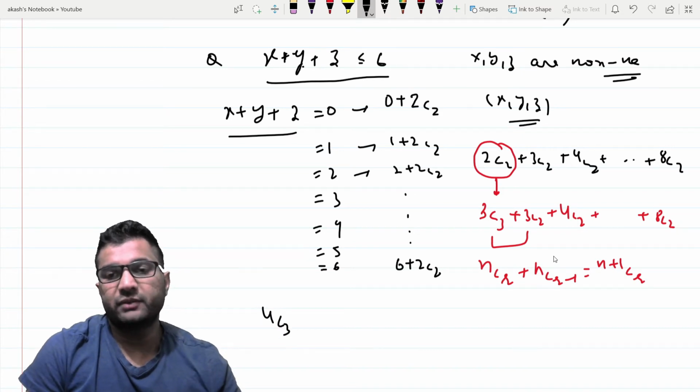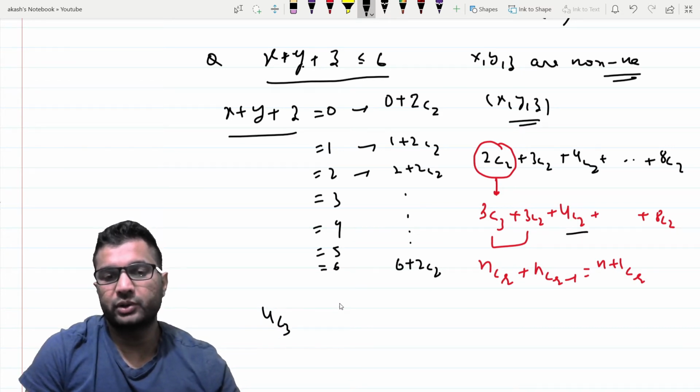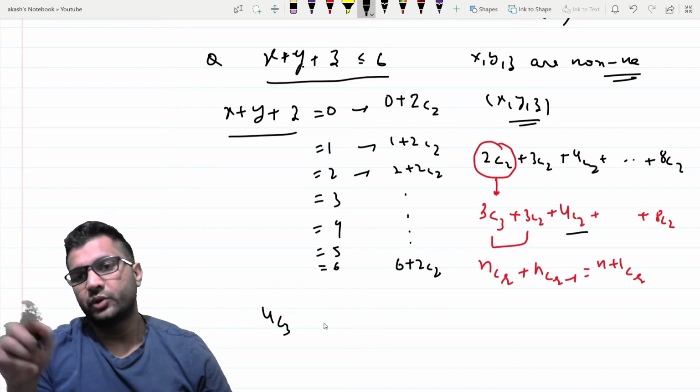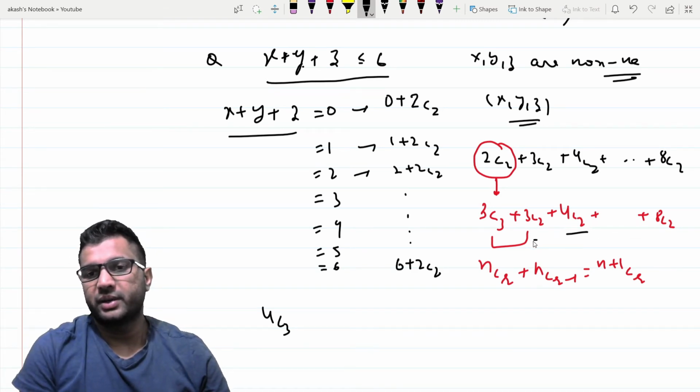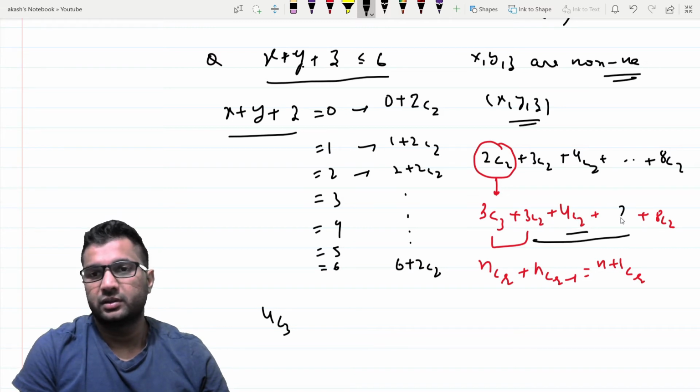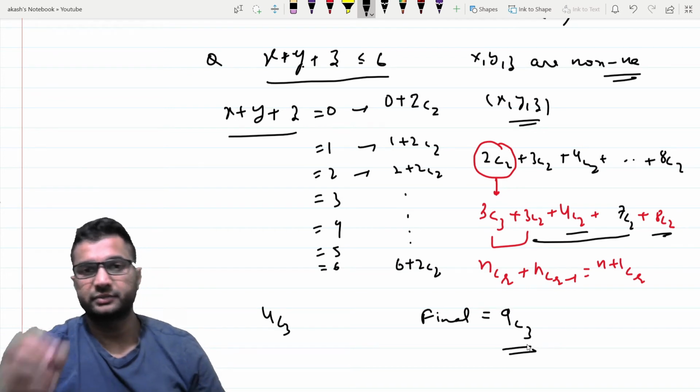Then 4C3 plus 4C2 will be equal to 5C3. Doing it in the same manner, summing up the series up to 8C2, the final answer will be 9C3.